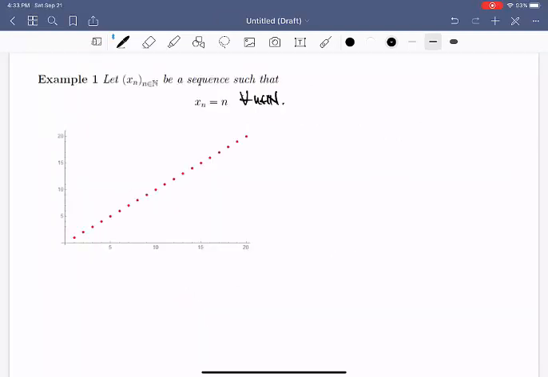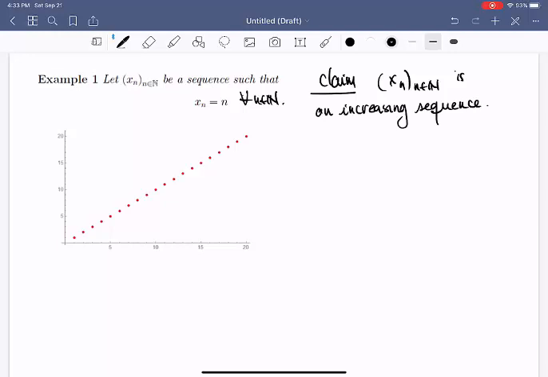Now, I'll prove that this sequence is increasing, and so the claim is that xn is an increasing sequence, and it's easy to show this.